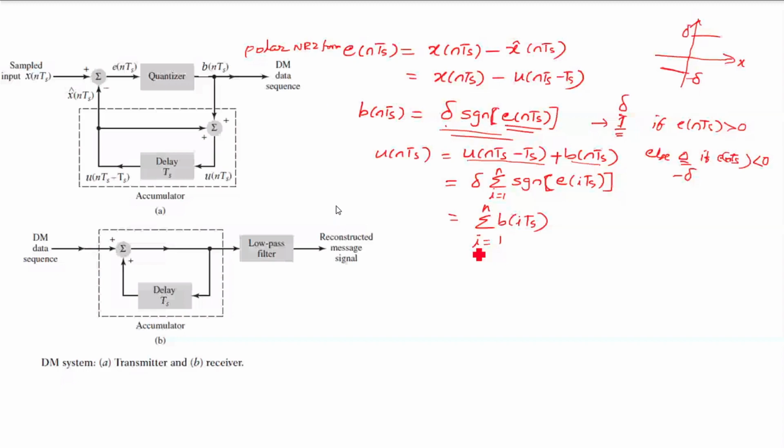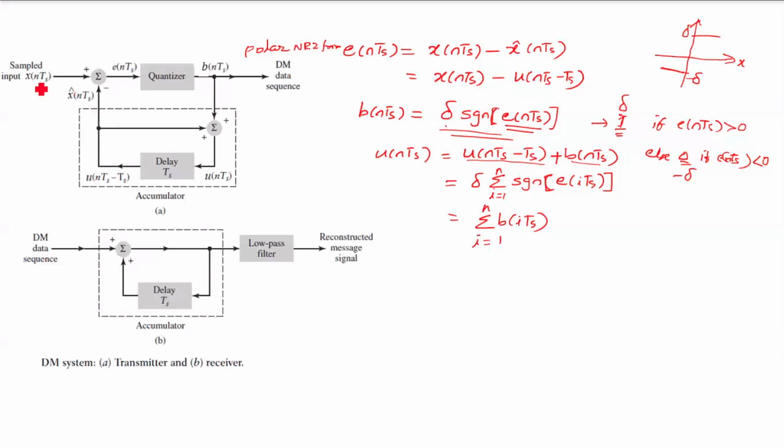Similar to the DPCM receiver, we have a delta modulation receiver. The incoming binary data, the past value which has already come, gets added and passed through the low pass filter to reconstruct the message. So this is about the delta modulator.